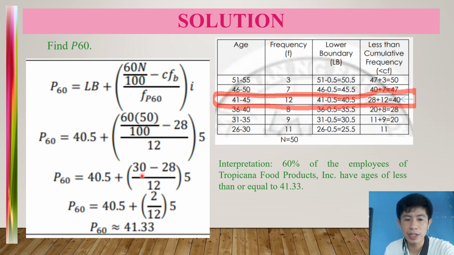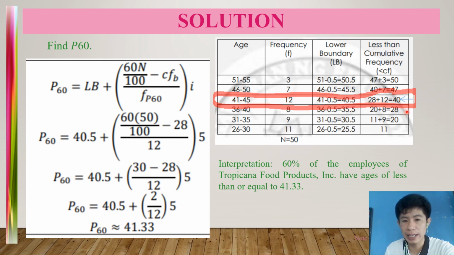So, alam na natin na 30 yan. So, automatic, ilalagay na natin siya dito, 30. Minus 28, kailangan ang nandito ay yung mas mababa sa 30. Lahat naman na nandyan sa less than cumulative frequency ay, ayan. So, yung mas mababa sa 30 is 28.